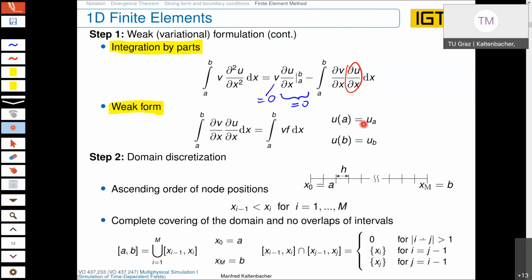The main advantage again of this weak formulation is that we now just have the first order derivative on our unknown quantity u.